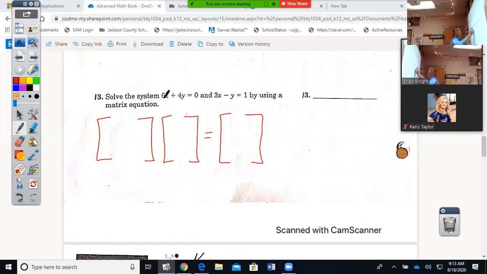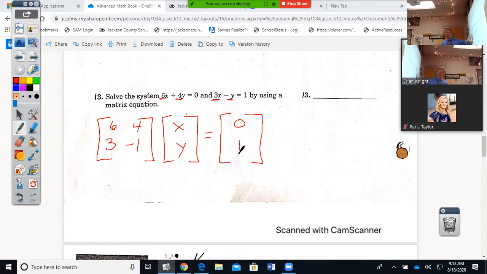So the first row's going to be 6 and 4. And then the bottom row will be 3 and -1, okay? Your variable matrix is your variables. So what are your variables? X and Y. And then your constant matrix is the answers. So that's 0 and 1, okay?